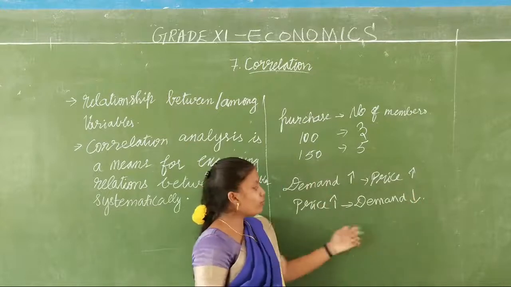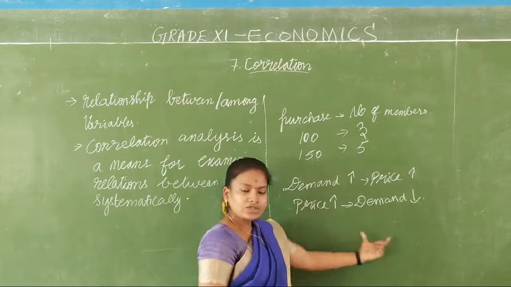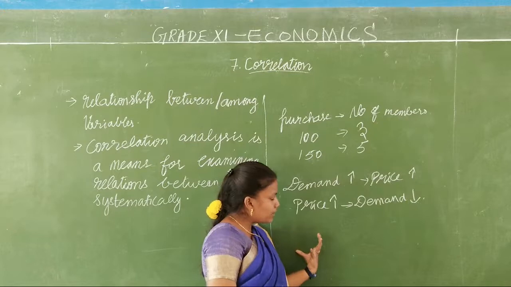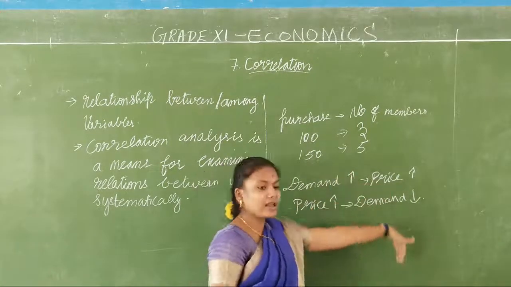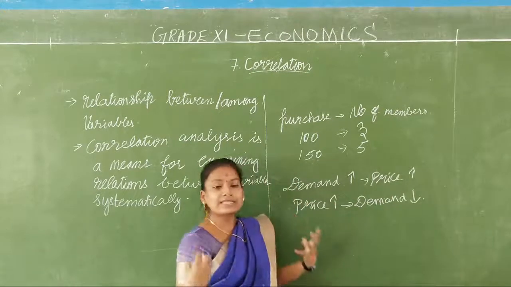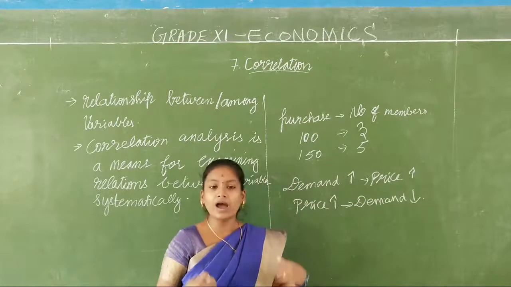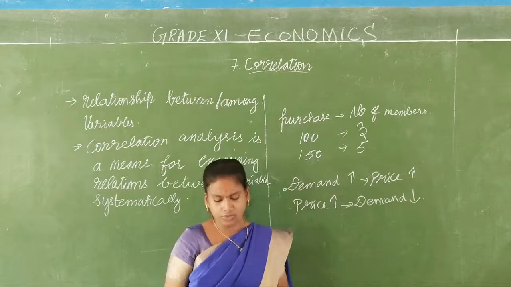So the demand falls. This examination of the relation, whether demand decreases because the price increased, or we increase the price because the demand increased, that examination, that analysis, is what we call correlation.